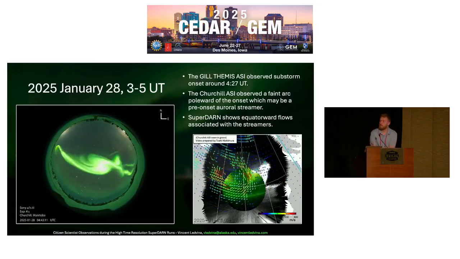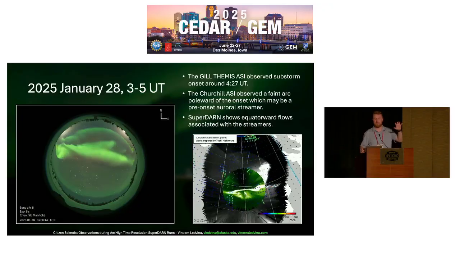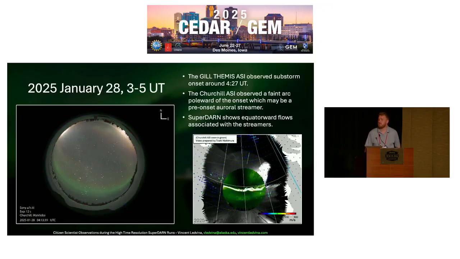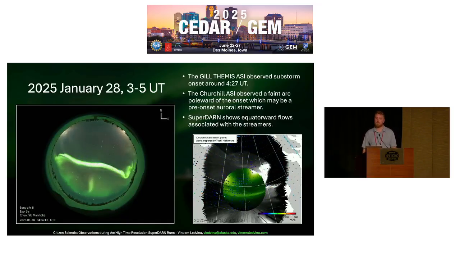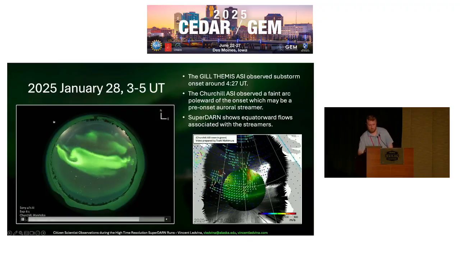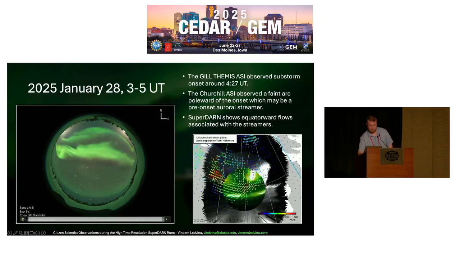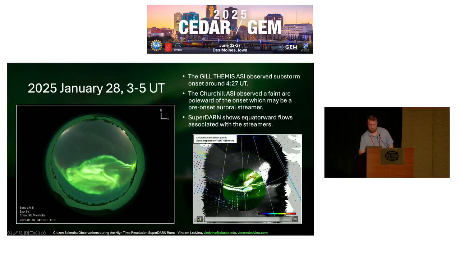So maybe Toshi could comment a little bit about that, because I did not integrate the all-sky camera footage into the SuperDARN observations. The videos play at a different rate, so there are different time stamps. So if Vincent, you can stop at the frame on the video on the left and go to the same time on the video on the right, then we will see the same thing. Let's do that.